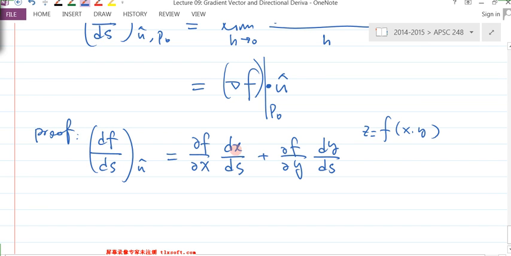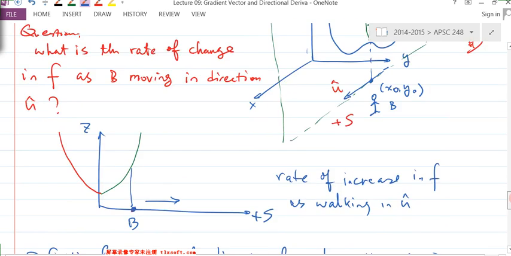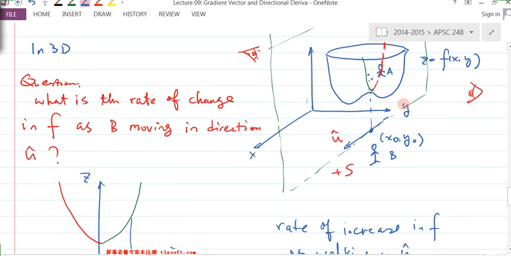So now you probably wonder, where is that from? How come x is a function of s? Let me step back a little bit here. When you are walking along this direction, essentially this stickman B is walking along a straight line.